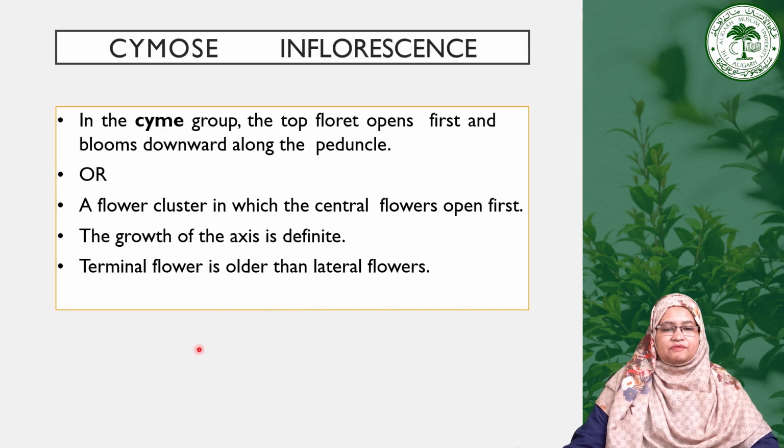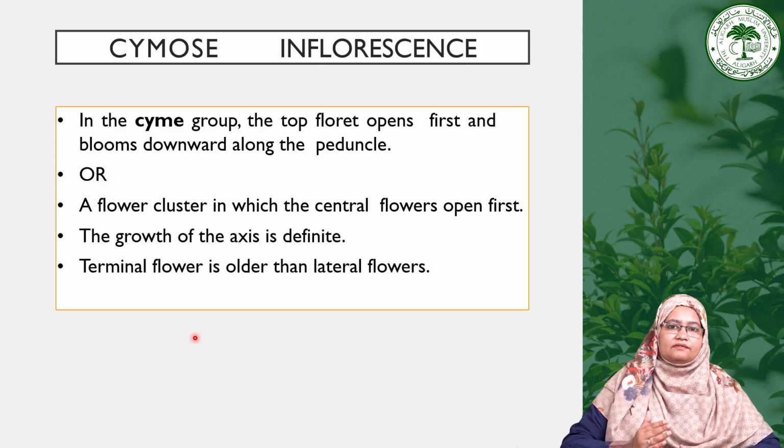Now the next type of inflorescence is the cymose inflorescence. In the cyme group, the top floweret opens first and the blooming proceeds downward along the peduncle. So the older flowers are present at the terminal position and open first, while the younger flowers are present at the lateral position.